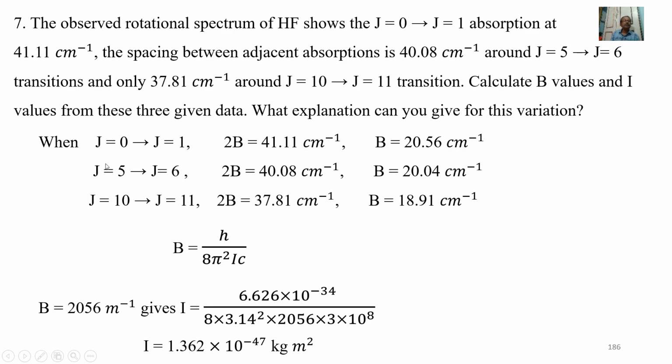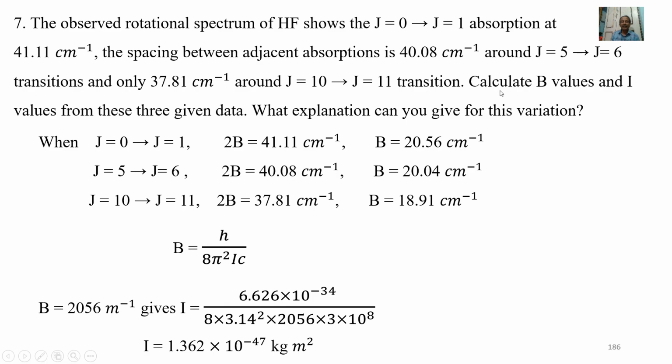The observed rotational spectrum of HF shows j equals 0 to j equals 1 absorption at 41.11 per centimeter. The spacing between adjacent absorptions is 40.08 per centimeter around the j equals 5 to j equals 6 transition, and only 37.81 per centimeter around the j equals 10 to j equals 11 transition.